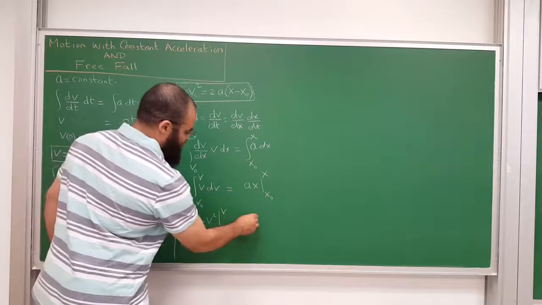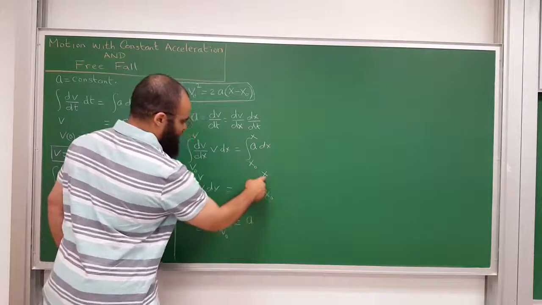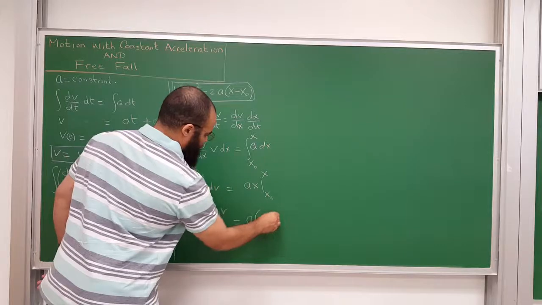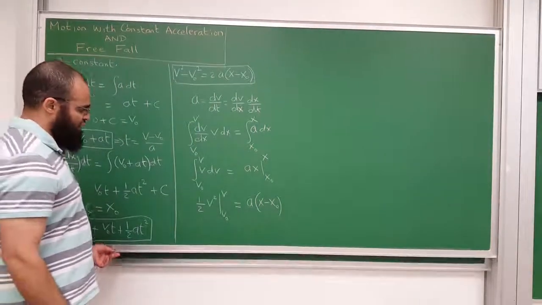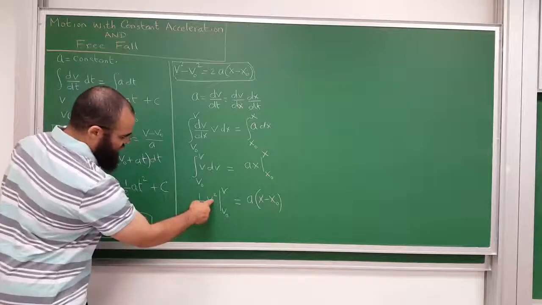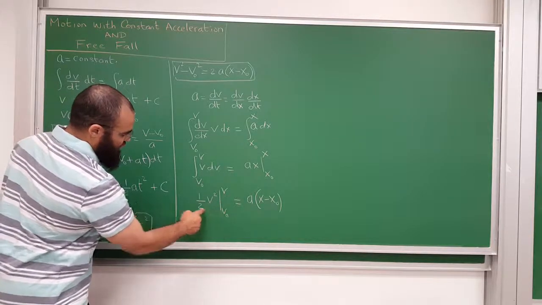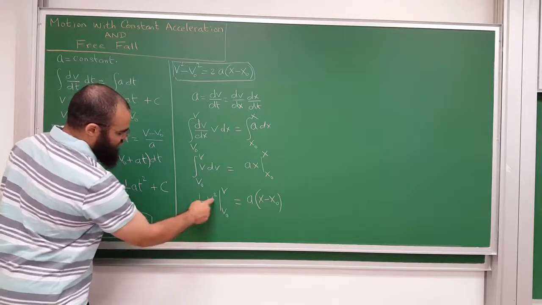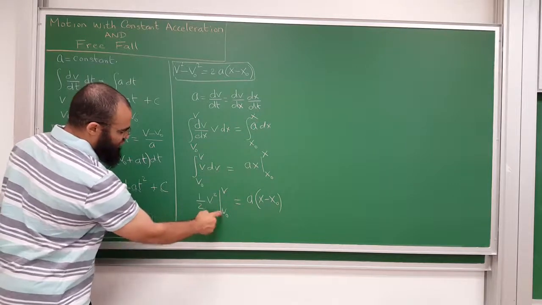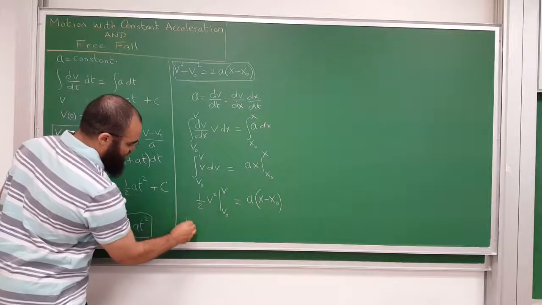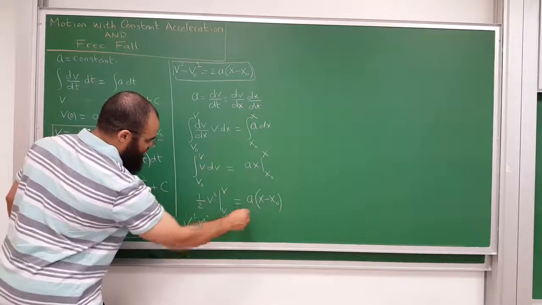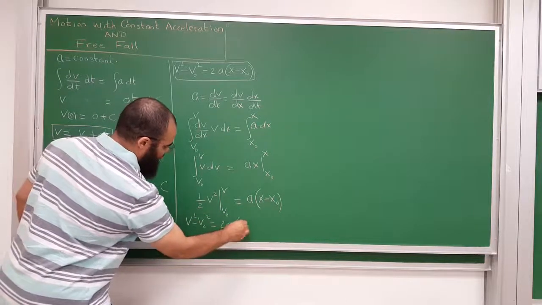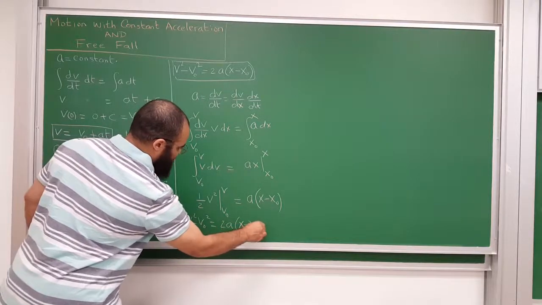So you get a times x minus x initial. Finally, multiply both sides by 2, and substitute v at the upper limit minus v initial at the lower limit, you will get v squared minus v initial squared is equal to 2a times x minus x initial.